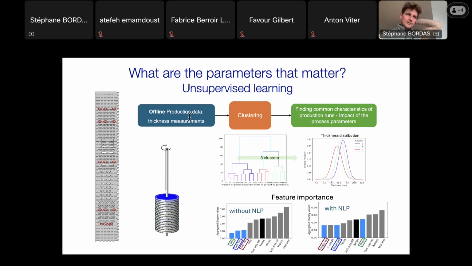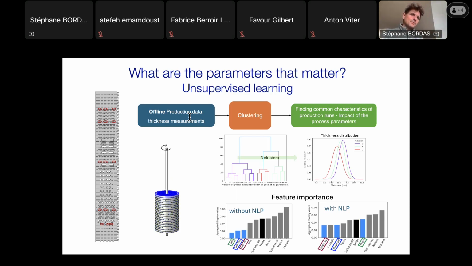So you can use a lot of methods to do that. And then once you've done that, you can find the common characteristics of the production runs, which means what you measure, and then look at the impact of the process parameters on what is taking place here.